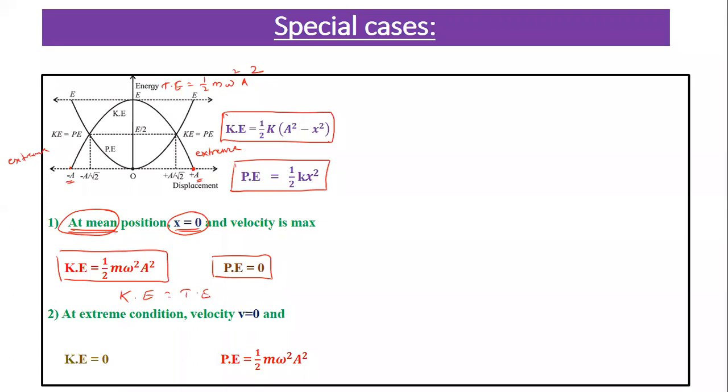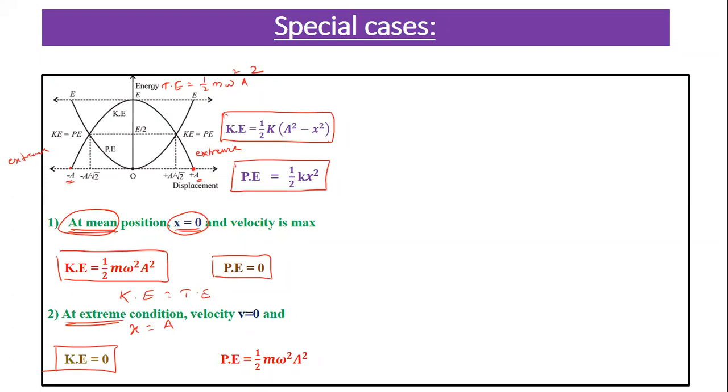Now the second case is at extreme position. At extreme, you know that x is equal to plus or minus a. After substituting x is equal to a, we get kinetic energy equal to 0.